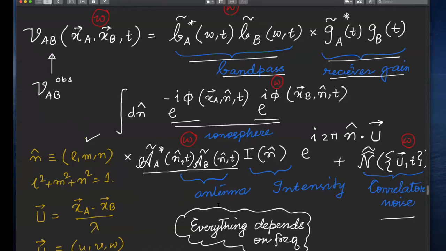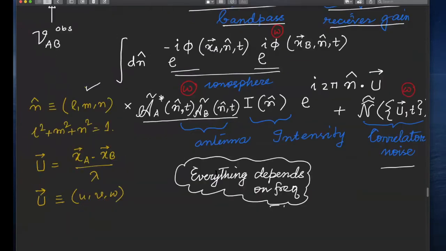We'll assume all the antennas have the same antenna pattern, that they are azimuthally symmetric, and that they don't change with time. But we'll see what is the effect of the ionosphere. And as we go along, we'll put in these different effects one by one. So first, let us look at the ionosphere.